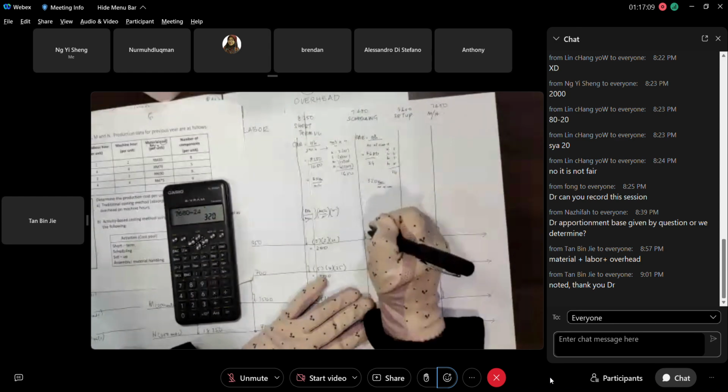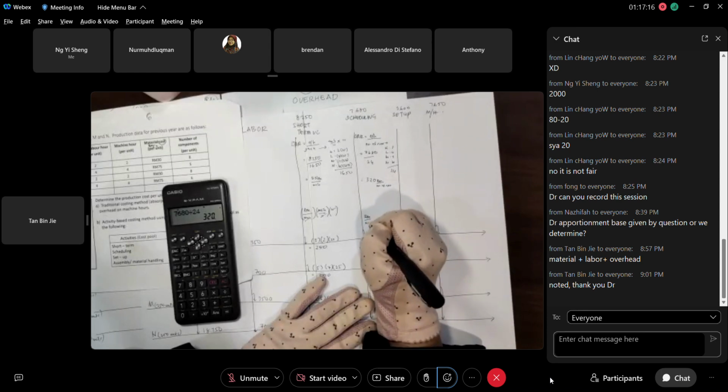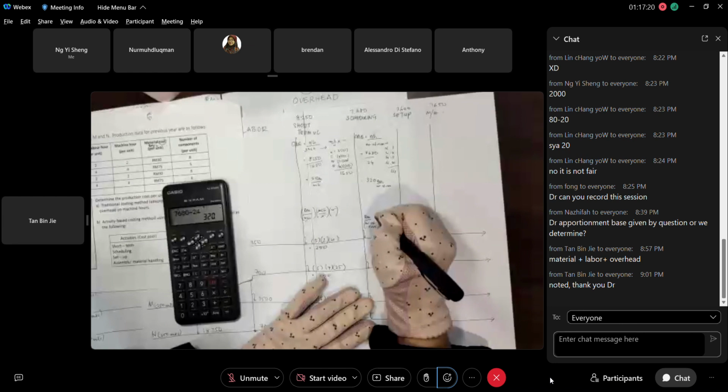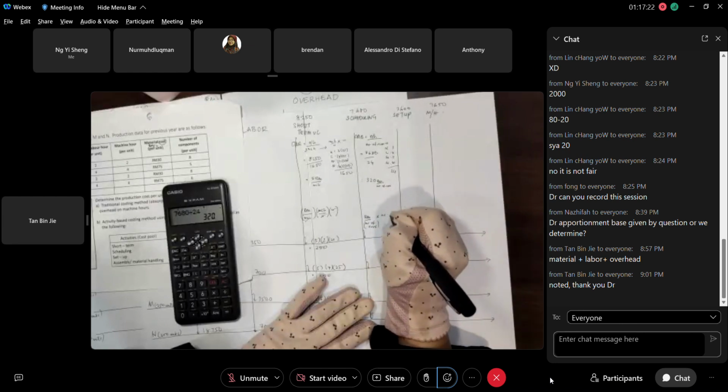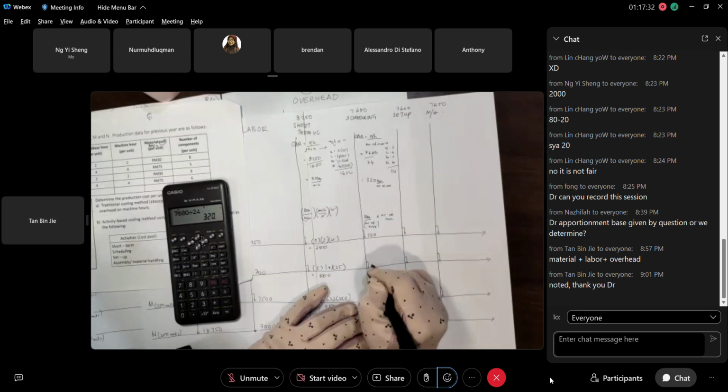So if you want to put here, you need to know what is the unit: RM per number of run. Belum lagi dalam ringgit kan? So you have to multiply by the number of runs respectively. So that means the OAR is 320.